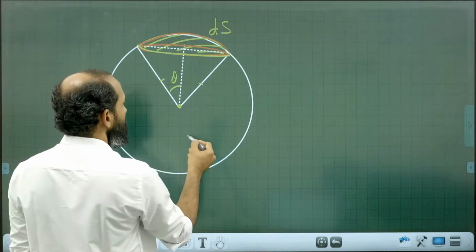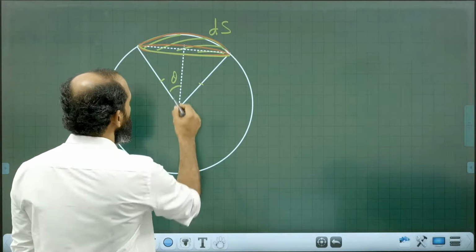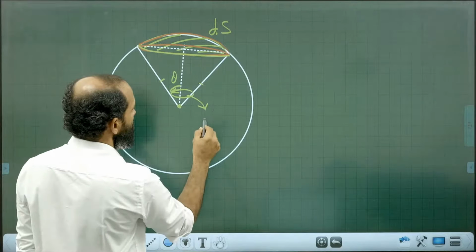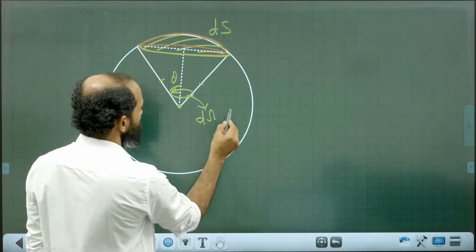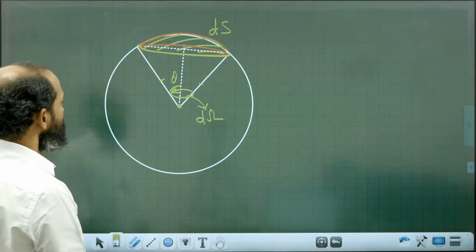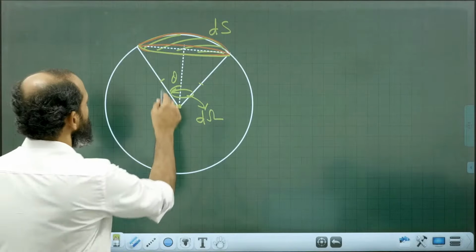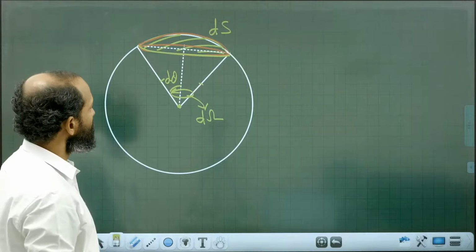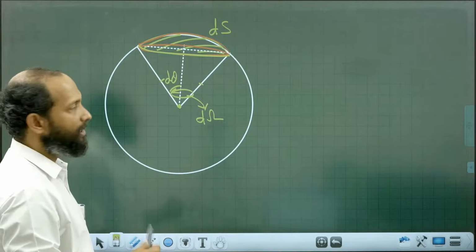This three-dimensional angle is called the solid angle. That solid angle may be written as d omega. Let this small half angle be known as d theta. d omega is the solid angle.